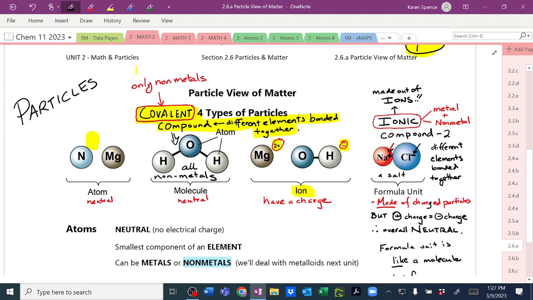Like if you took water and you broke it apart, it would no longer be a water molecule. You would have oxygen atoms and hydrogen atoms. So one water molecule is a molecule, but if you take it apart, it becomes 3 different atoms, 2 hydrogen atoms and 1 oxygen atom, and those are all particles.